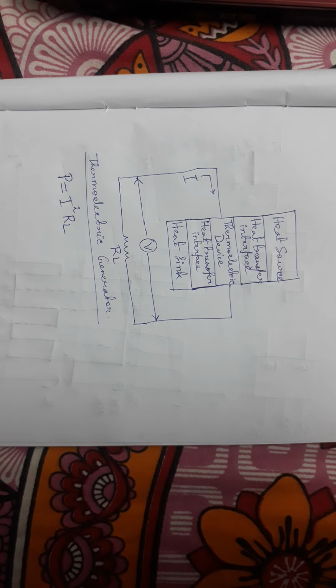Now the output voltage and output power can be increased either by increasing the temperature difference between the hot and cold ends, or by connecting several thermoelectric power generators in series.